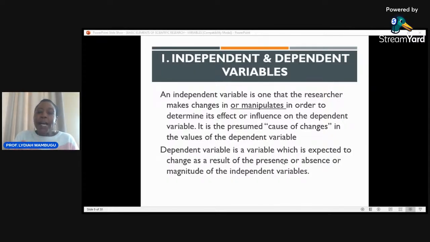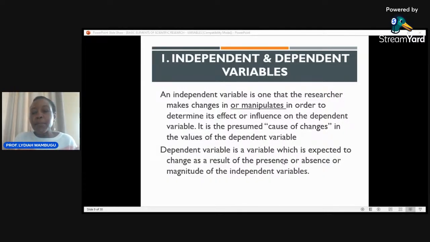But immediately I take milk, immediately I eat greens, then the pain comes up. So what is it saying? That there is a relationship between my drinking milk and the pain, or my eating the greens and the pain. There is a relationship between the two.